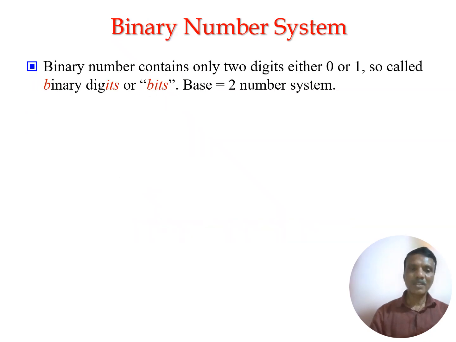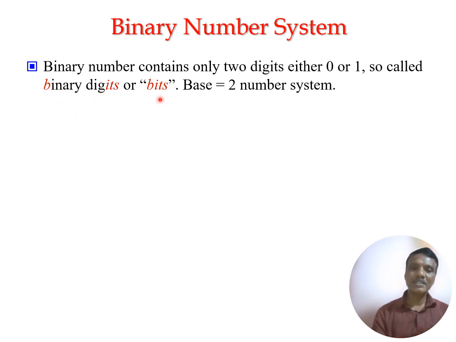Next, the binary number system. The binary number system contains only two numbers, 0 and 1. These are known as binary digits, simply called bits.